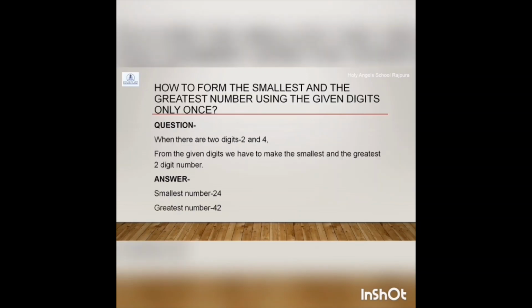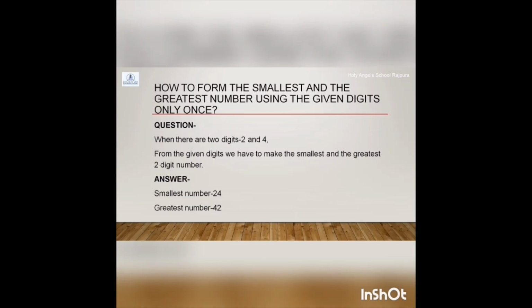How to form the smallest and the greatest number using the given digits only once. When there are two digits, 2 and 4, from the given digits, we have to make the smallest and the greatest two-digit number.